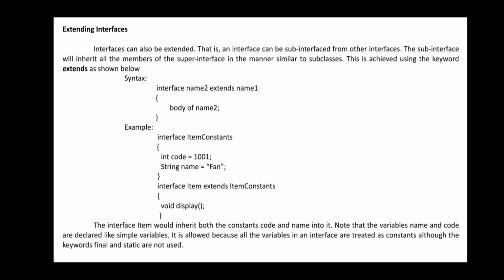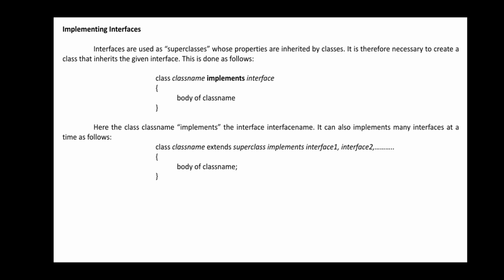When there is a problem defining more than two values, at that time you can separate the variables and the methods into two different interfaces. Then you can go for the next concept, called implementing interfaces.